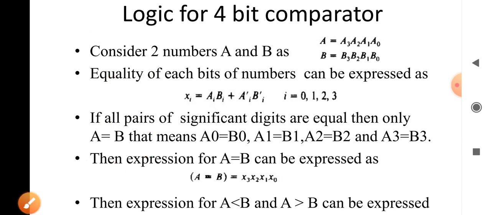So if all the pairs of bits are equal, then only A is equal to B. That means A0 is equal to B0, A1 is equal to B1, A2 is equal to B2 and A3 is equal to B3.